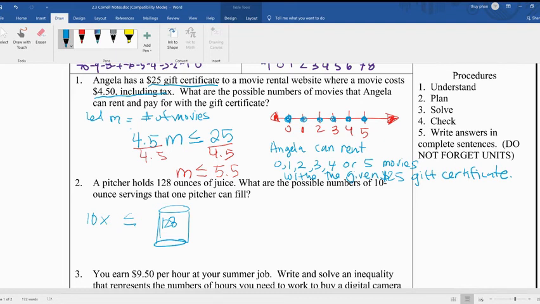When we're solving for this, we can say let x equal the number of servings, so we get 10x is less than or equal to 128. We divide both sides by 10, and I get x is less than or equal to 12.8.